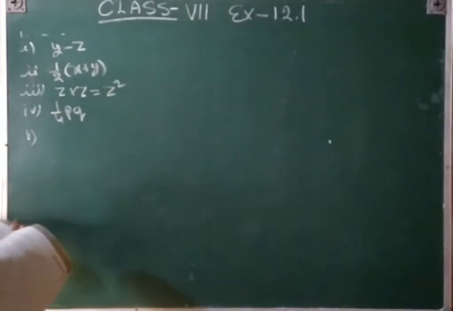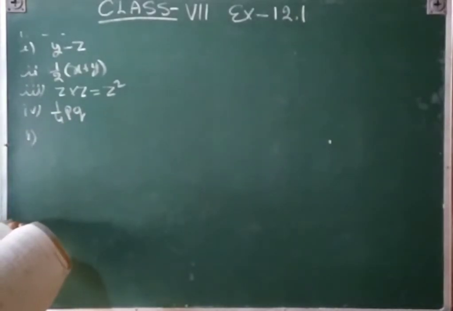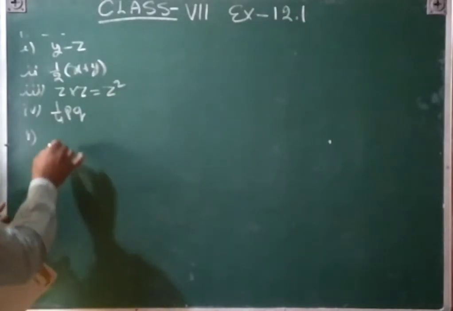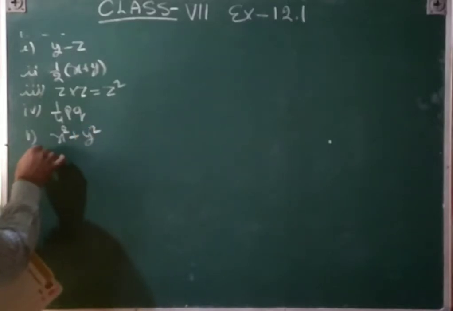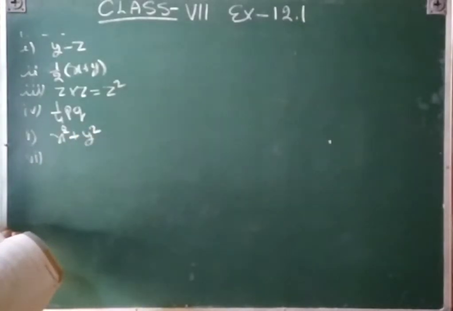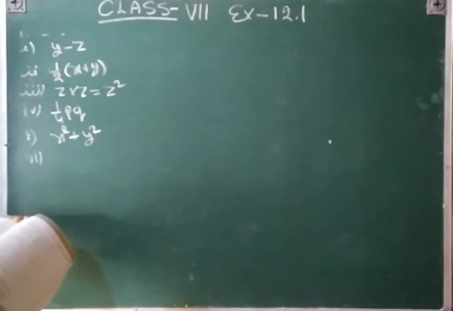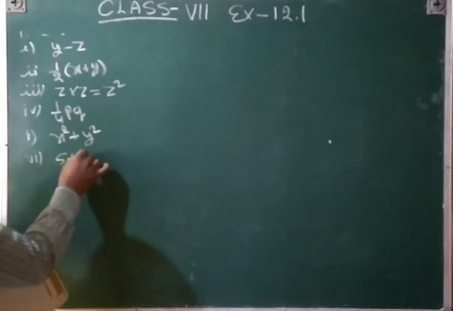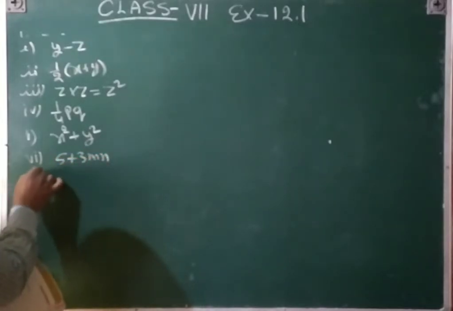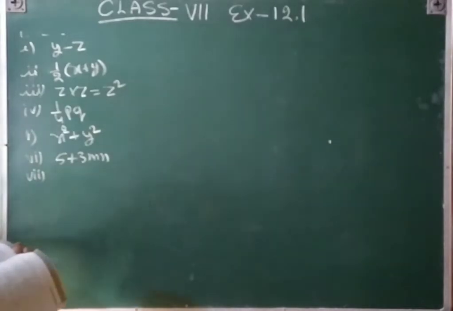Fifth part: numbers x and y, both square and sum. Square means x square, sum means plus, and then y square. Sixth part: number 5 added to 3 times the product of numbers m and n. That is 5 plus 3mn. Seventh: product of numbers y and z subtracted from 10.